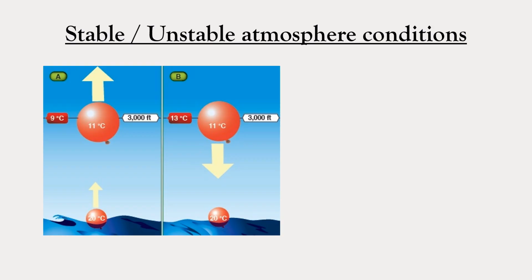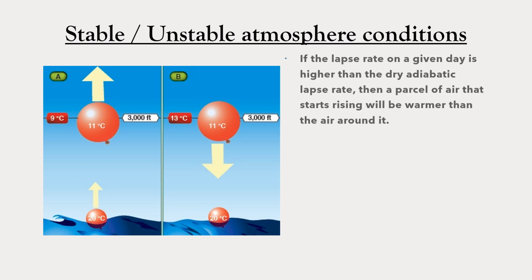So this chart shows two different situations that can occur in the atmosphere when the actual lapse rate is either higher or lower. On the left here, in both situations, it's about 20 degrees Celsius at the surface.